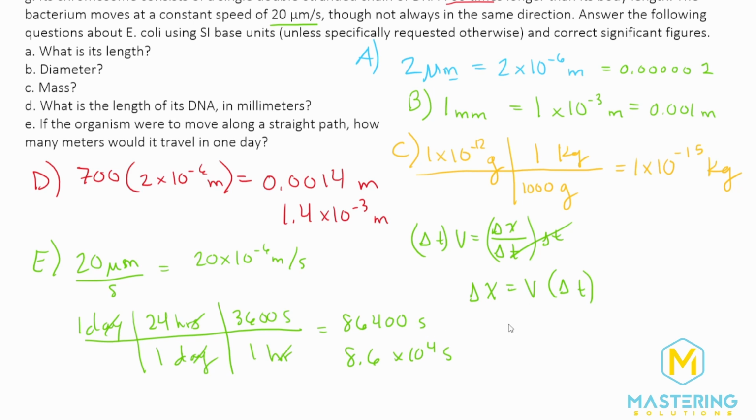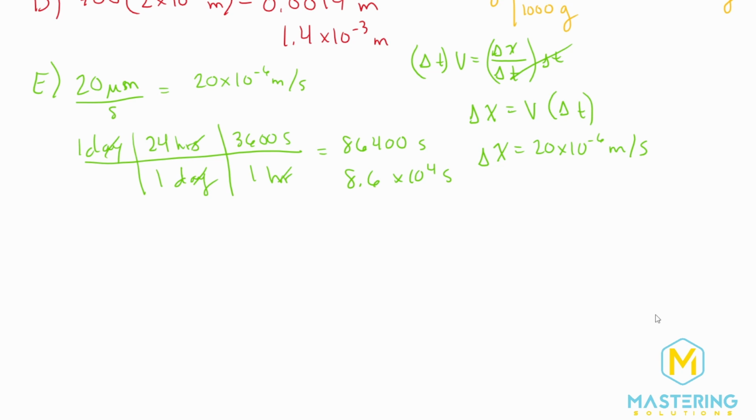And now we can just plug these in over here. So delta x is equal to the velocity, which we said is 20 times 10 to the negative 6 meters per second. And then that will be multiplied by 8.6 times 10 to the 4 seconds.